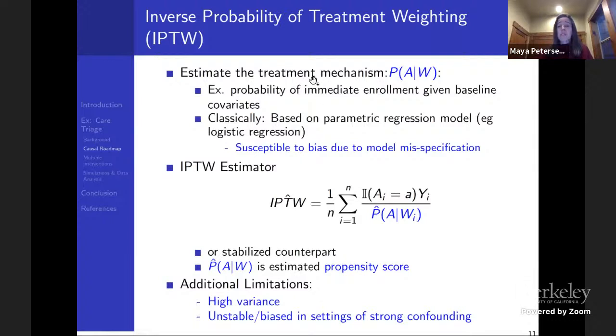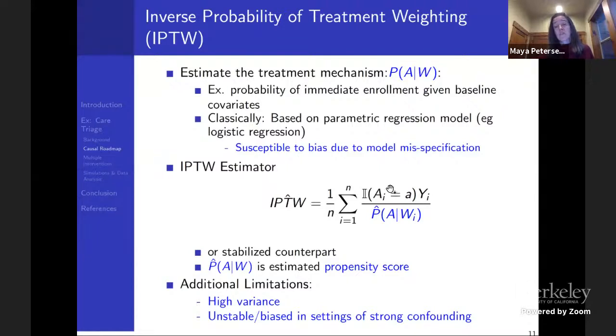We could be more flexible in estimating our propensity score, and there's been some nice work illustrating that, at least in a number of settings, it can certainly give you a benefit, but it also means we've lost our theoretical basis for statistical inference, which is not ideal. So what does this IPTW estimator look like? Here's its simplest form. Everybody who didn't follow the regime of interest, who didn't get the treatment level we're interested in, gets a 0.